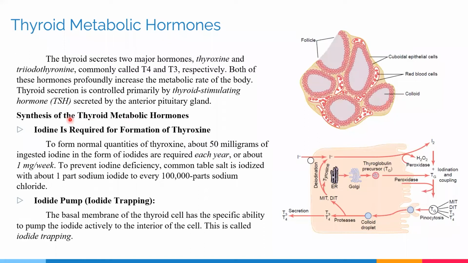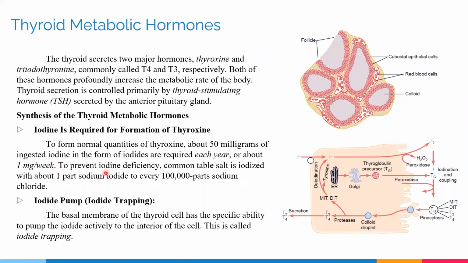First, we look into the synthesis of thyroid metabolic hormones. Iodine is required for formation of thyroxine. To form normal quantities of thyroxine, about 50 milligrams of ingested iodine in the form of iodides are required each year, or about 1 milligram per week.